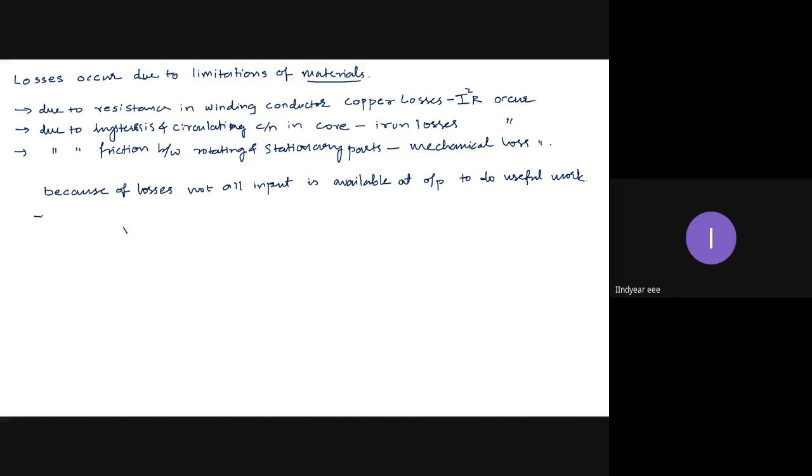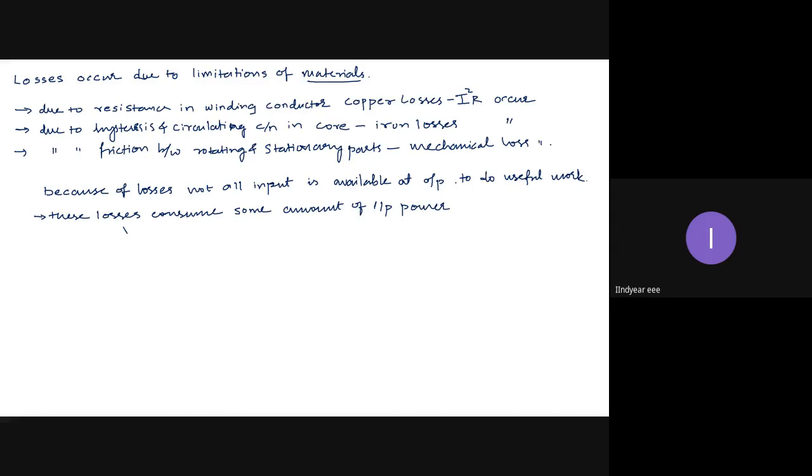So these losses consume some amount of input power. How will they consume?